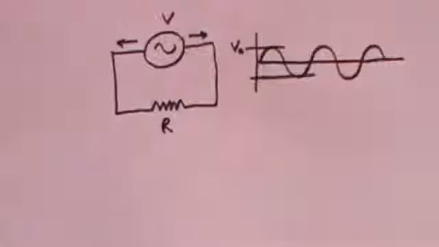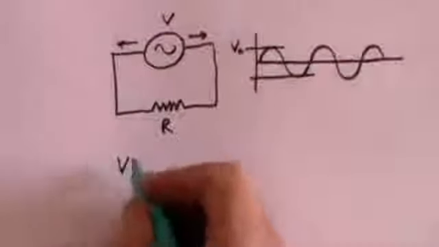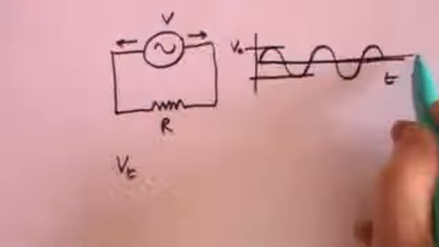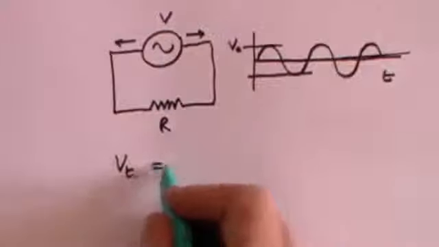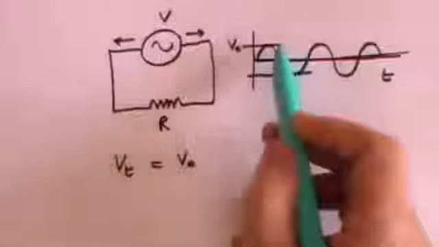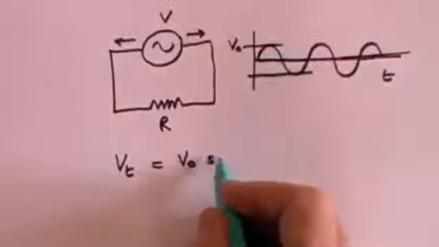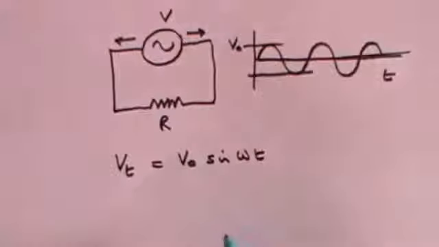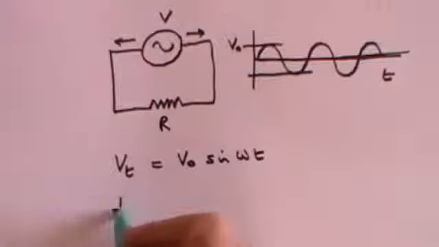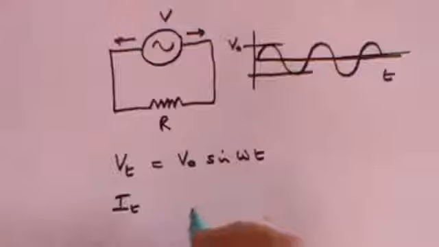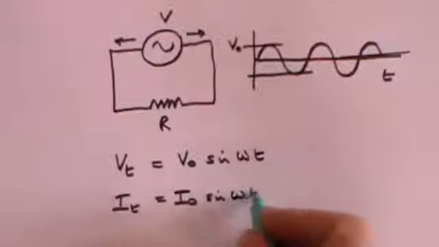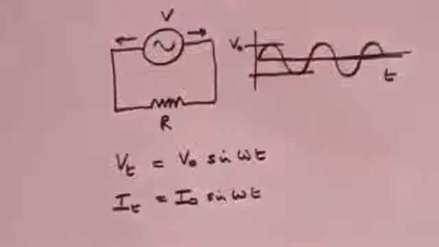And the mathematics that describe this says that the voltage at any time t, this is of course time, is equal to V0, which is the maximum voltage, times the sine of omega t. Or, if you want to talk about the current, I at time t is equal to the maximum current times the sine of omega t.